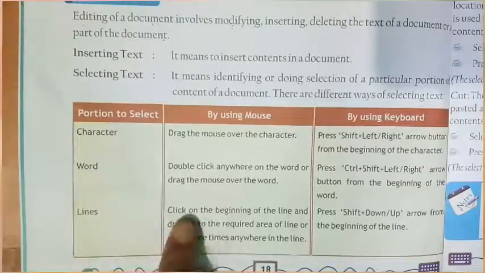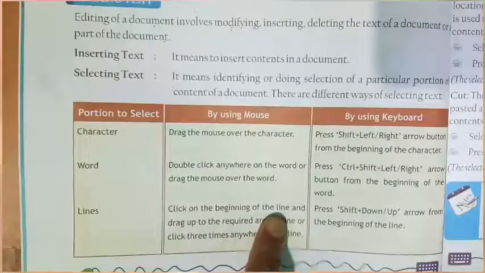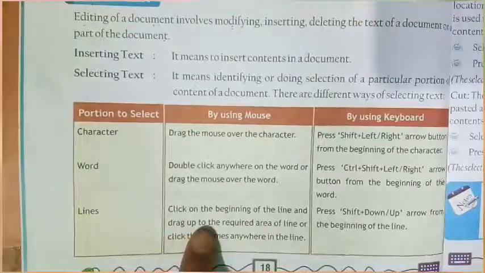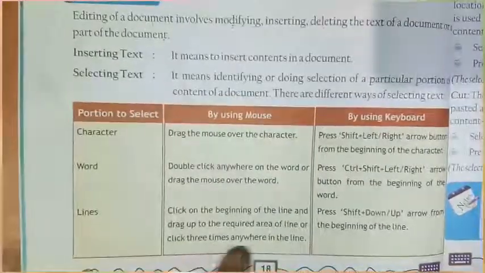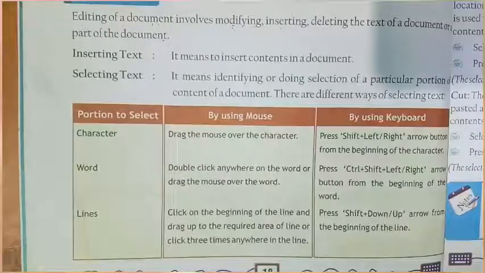Lines. Click on the beginning of the line and drag the mouse to the required area of the line or click 3 times anywhere in the line.